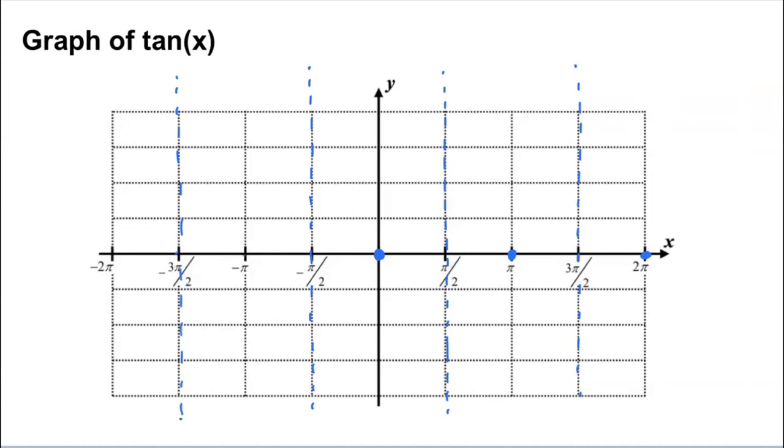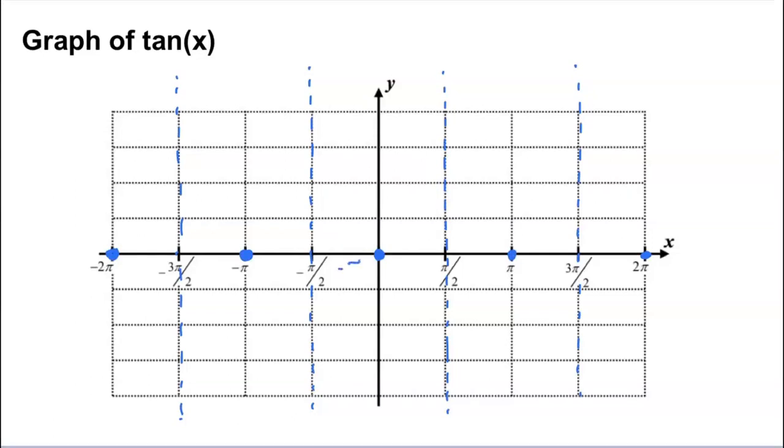And at negative pi, we're at 0. And at negative 2 pi, we're also at 0. And I think in this case specifically, it is worth having our pi over 4.